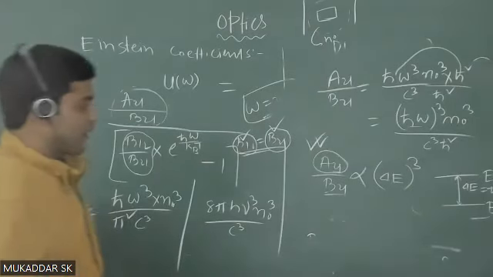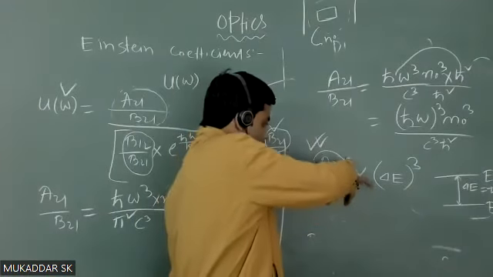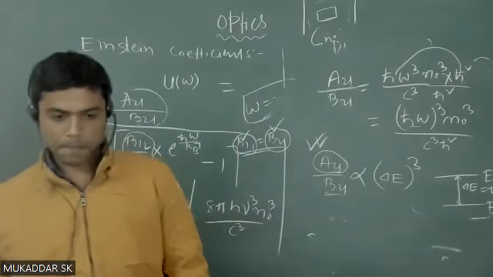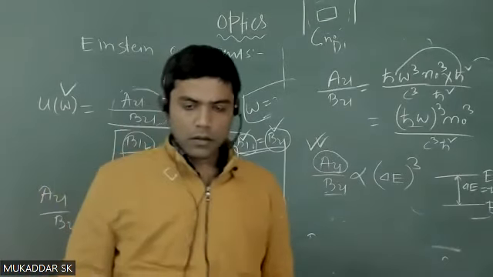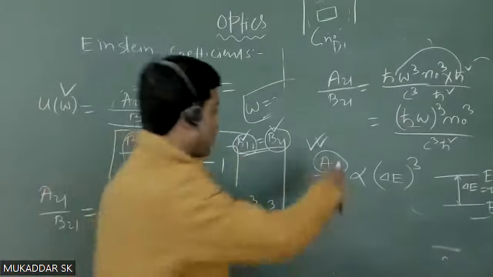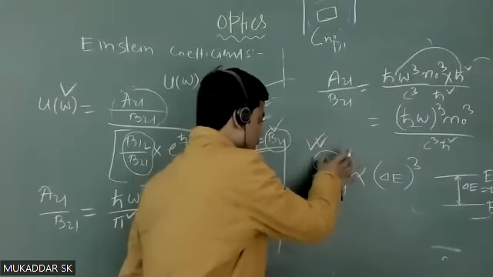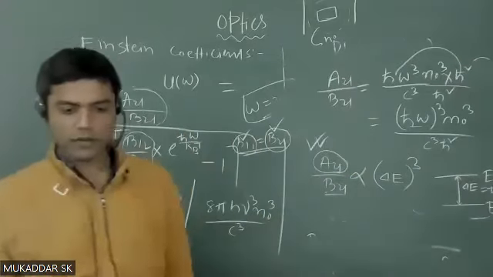Now for laser light, what do you need? Should A21 by B21 be larger or smaller? What is the condition for laser?